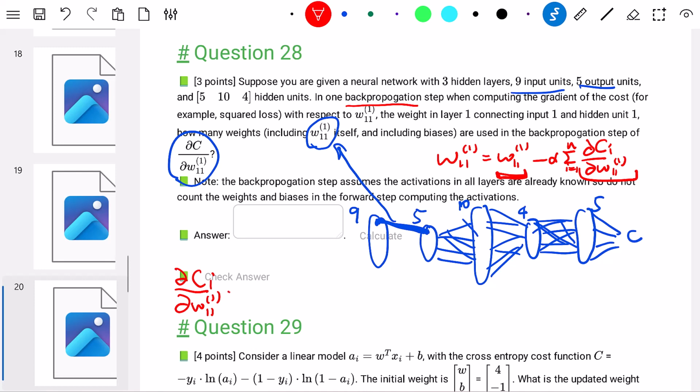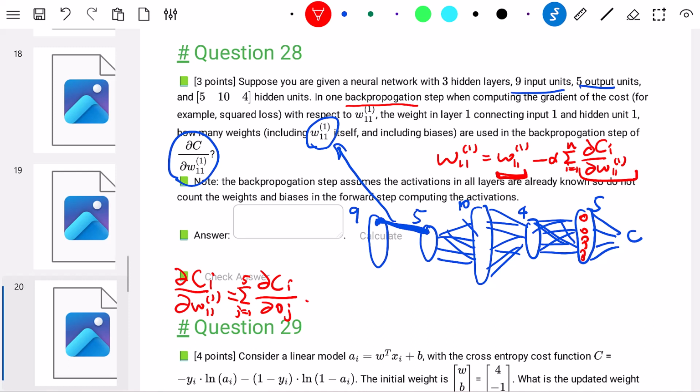Okay, so the key is to write this out and count how many weights are there in this. So the first step is, of course, differentiate with respect to the O's. So the O's are these ones, there are 5 of them, and we need to sum over 5 of them. So let's say j from 1 to 5, and sum the derivative of cost with respect to each one of these output units.